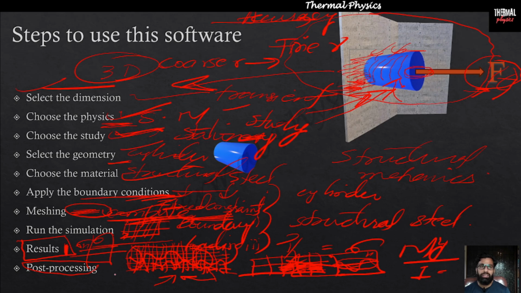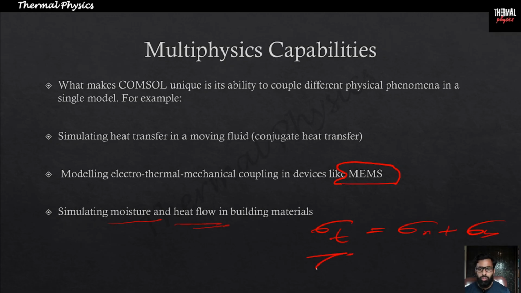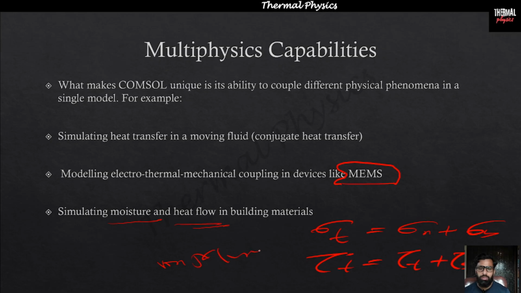We can add these stresses, for example to calculate the total normal stress, sigma normal plus sigma bending. Then total shear stress, torsional stress plus shear stress. In post processing we will add them. We will calculate the von Mises stress.